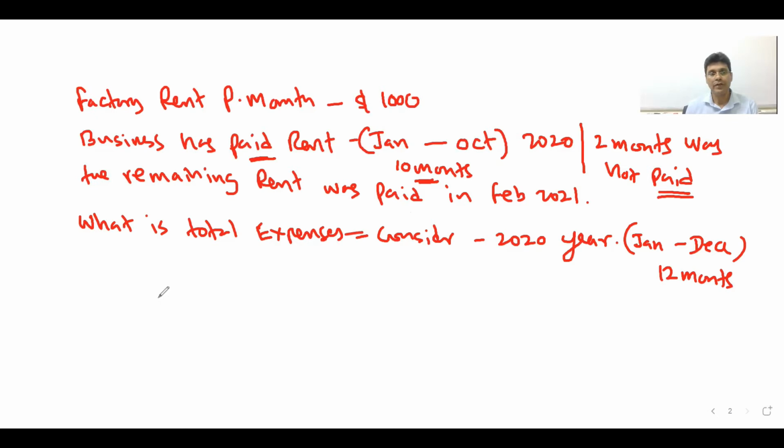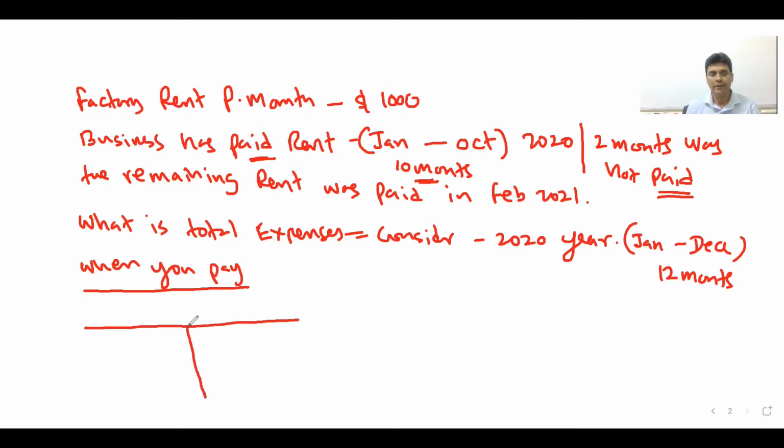Okay. So when the business pays the rent, the double entry will be, where do you debit?